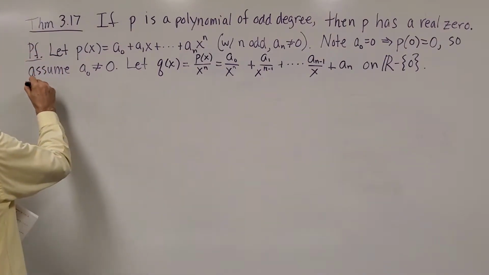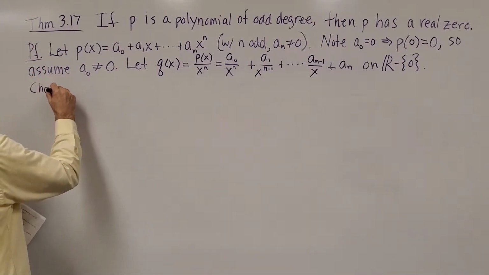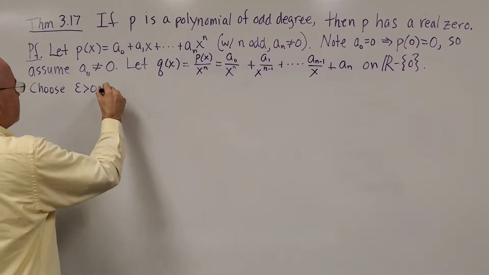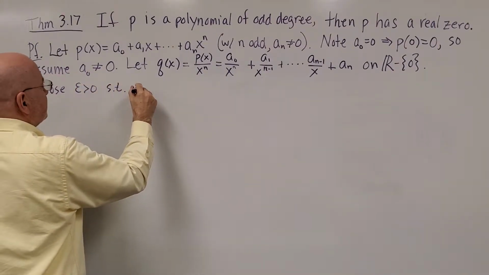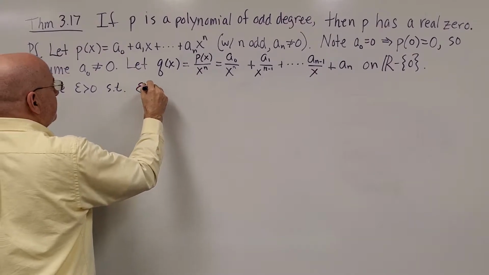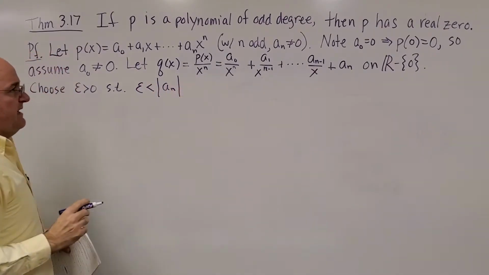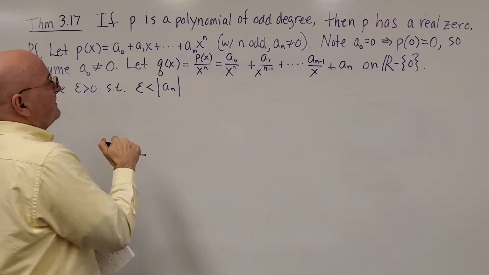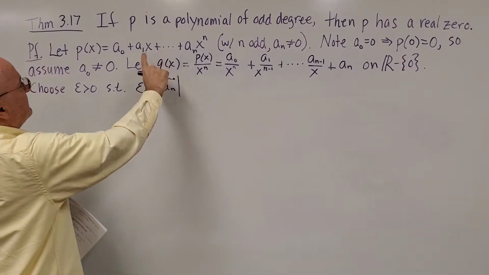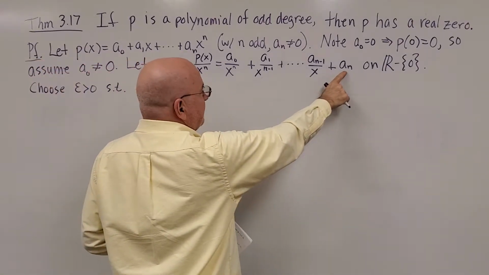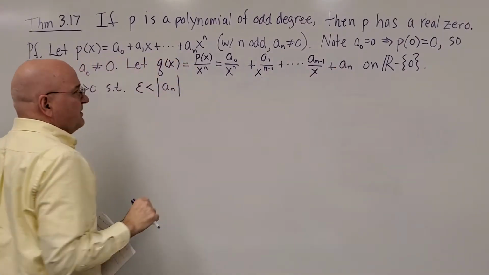Let's choose an epsilon greater than 0 such that it is smaller than an, the leading coefficient of p of x, but this would be that constant term in q of x.